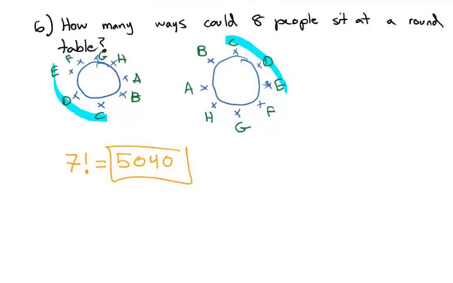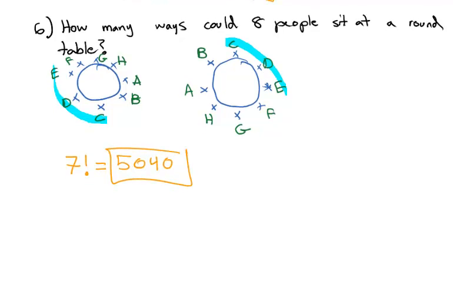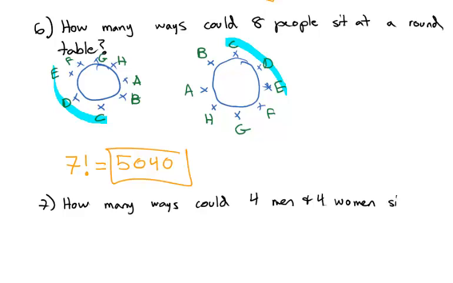Let's do a variation on this. How many ways could 4 men and 4 women sit at a table with alternating gender?